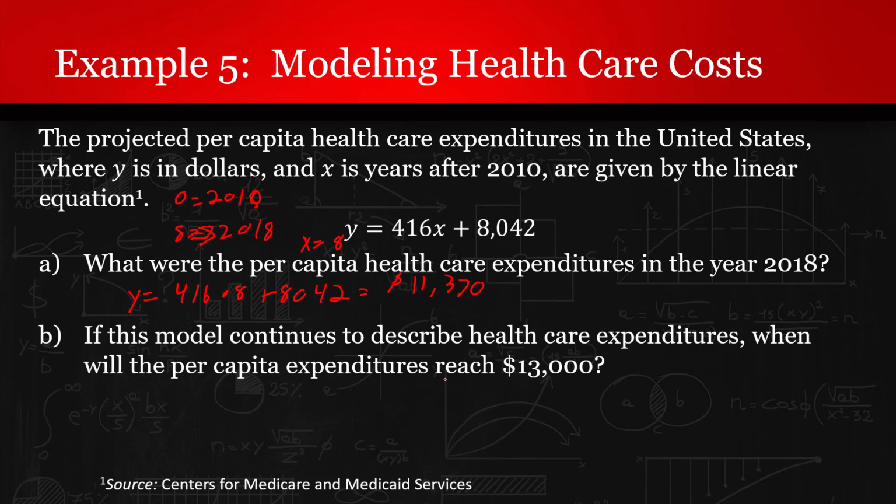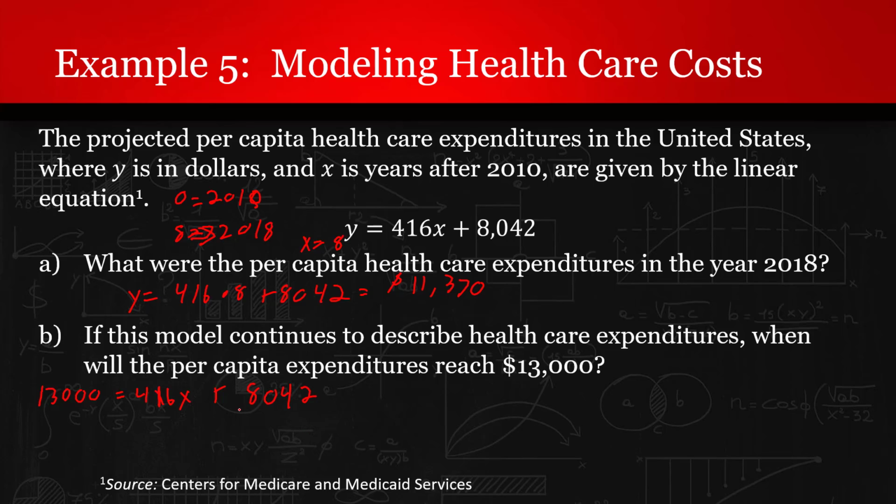Okay, now part B: if the model continues to describe the healthcare expenditures, when will the per capita expenditures reach $13,000? So basically, with this model, we want to figure out what value of x will cause y to be equal to $13,000. So let's go ahead and do that. That is going to be 13,000 is equal to 416x plus 8,042.